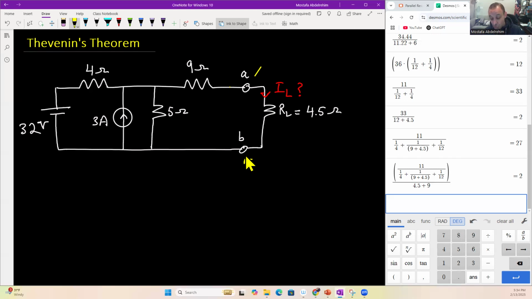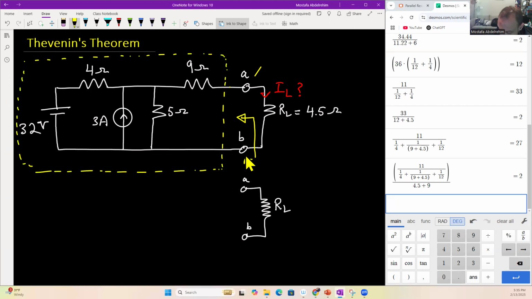So basically, if we look to the left between the terminals of the load, between A and B, we can reduce all that circuit, I'm gonna highlight it, into a resistance and a voltage source in series with it.